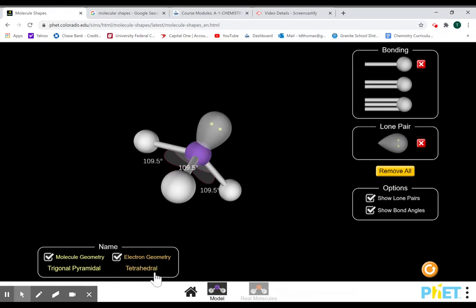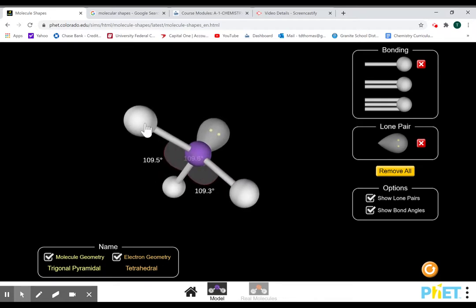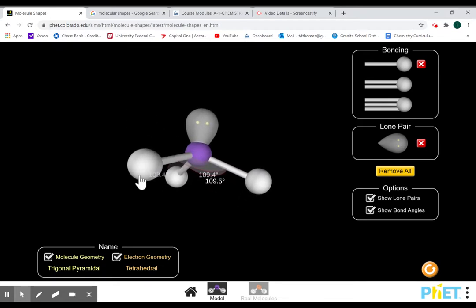Going down here, we can see the electron geometry is tetrahedral because there are in fact 4 areas or regions of electron density. Okay, 3 of them are bonds, but one of them is a lone pair. And the molecule geometry is trigonal pyramidal. So we don't consider the lone pair here in the molecular geometry. We just want to look at what the bonds are doing.